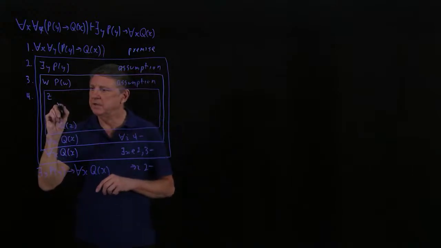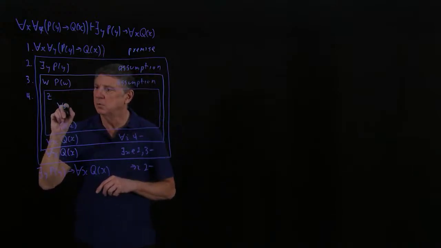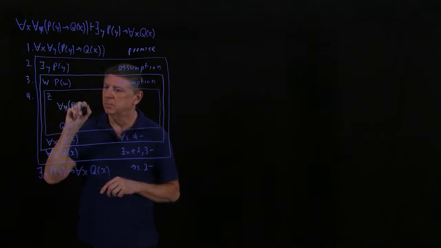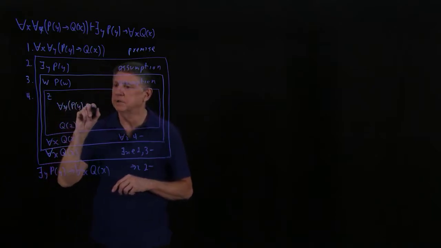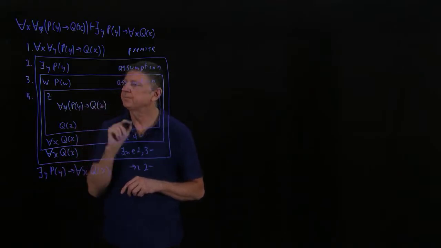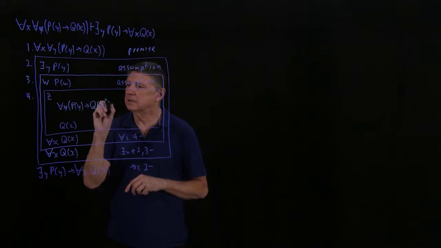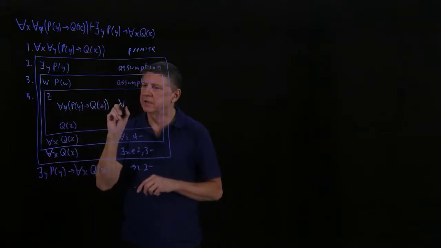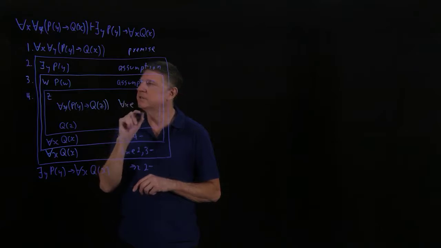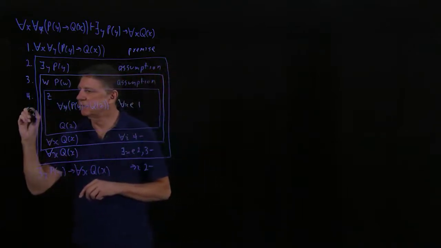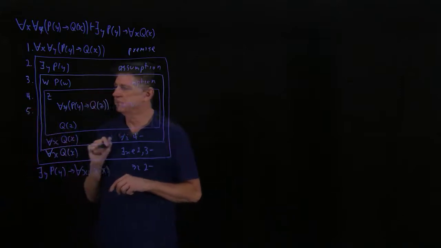So that would be, for all y, p of y materially implies q. Now I do the substitution, and I've justified that by universal elimination of line 1, and that is now justified as line 5.